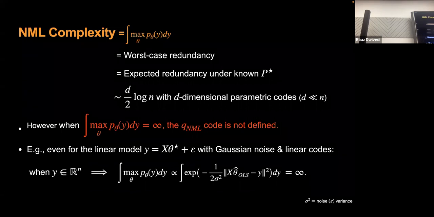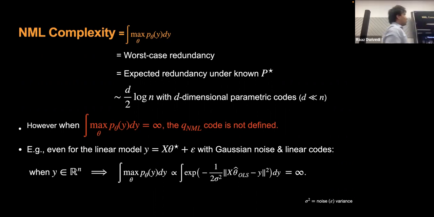The easiest way to think about this is in high dimensions or the overparameterized regime, you interpolate, so this is 0. So you're integrating exponential of 0 over real numbers, which will be infinity. So that's called the infinity problem. And it becomes a bottleneck, especially for us, if you're trying to deal with overparameterization.